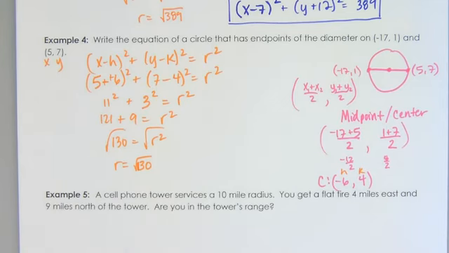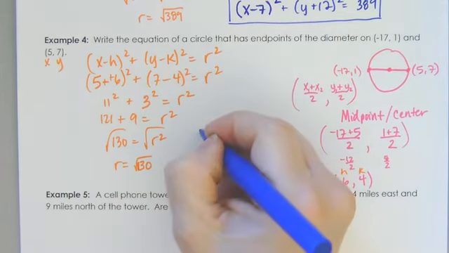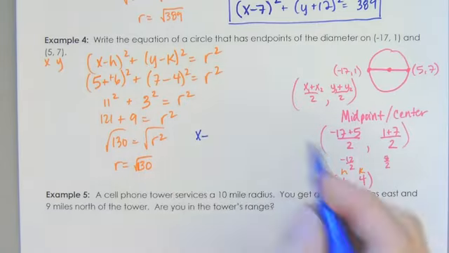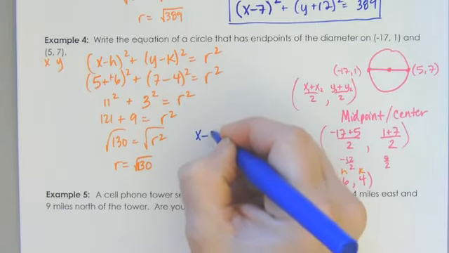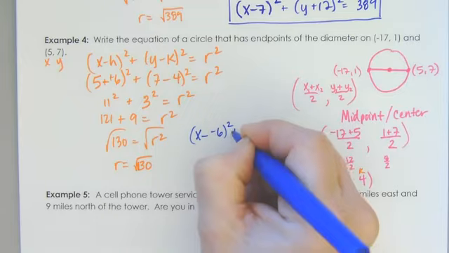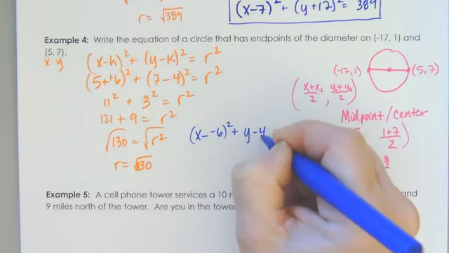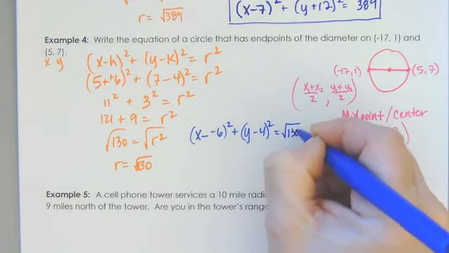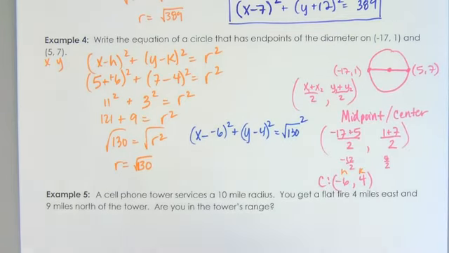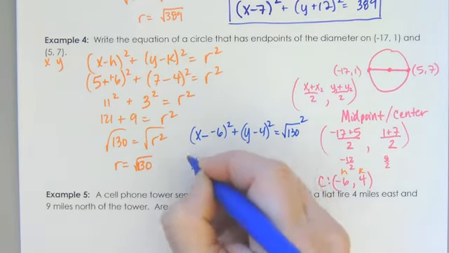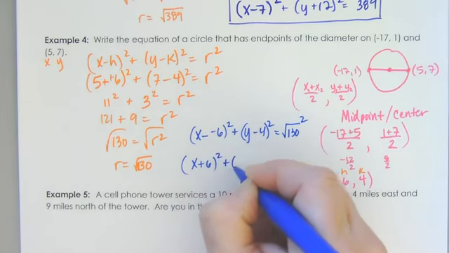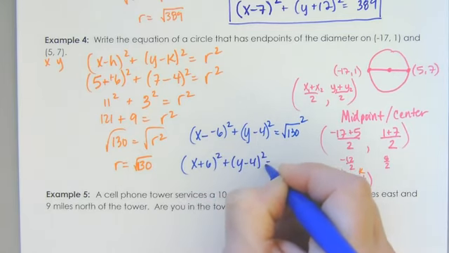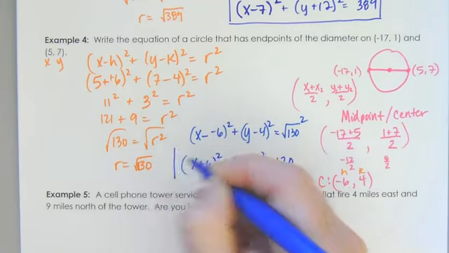So our formula is x minus, the h value is negative 6, so you can just make that a plus right away if you want. Y minus 4, all of it squared, equals r squared. The simplified form of this is x plus 6 squared plus y minus 4 squared is equal to 130.